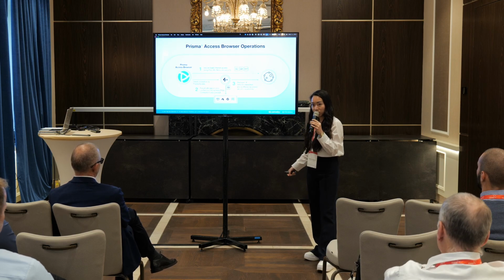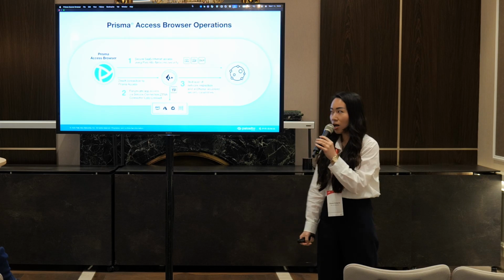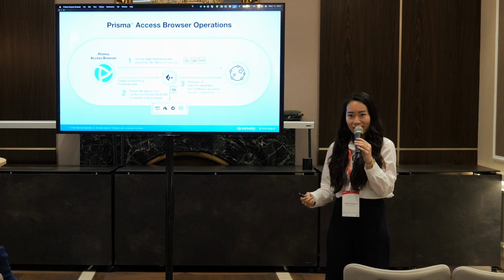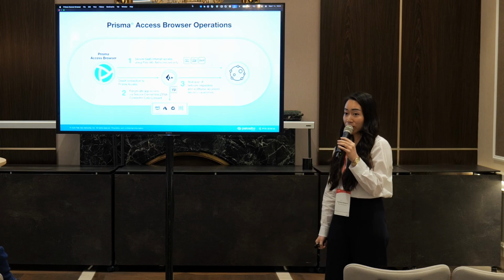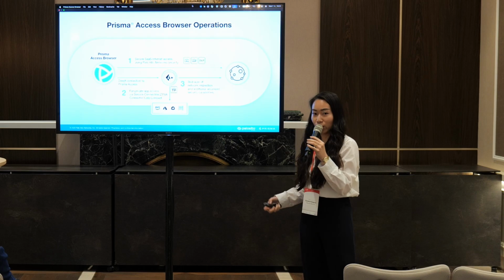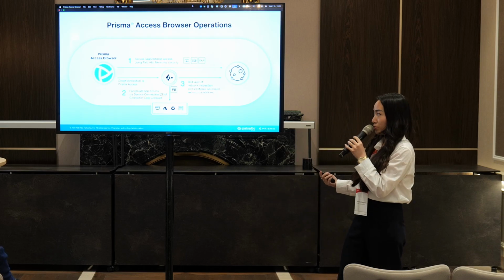So it connects into Prisma Access and from there connects into the private applications. Since the traffic is secure from the browser, there's no need to decrypt the traffic anymore as it comes into your organization. So that's a great advantage of this browser.